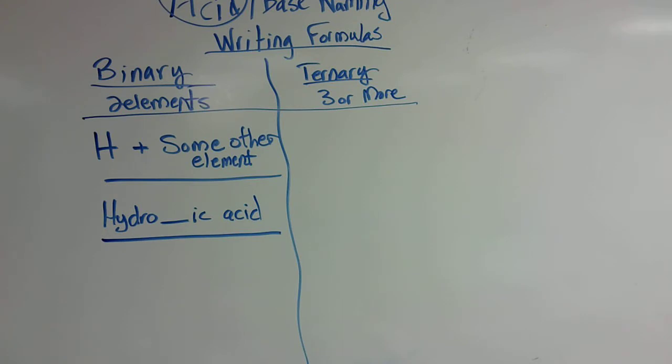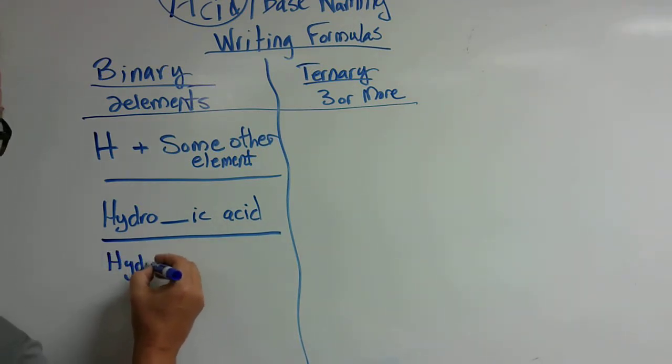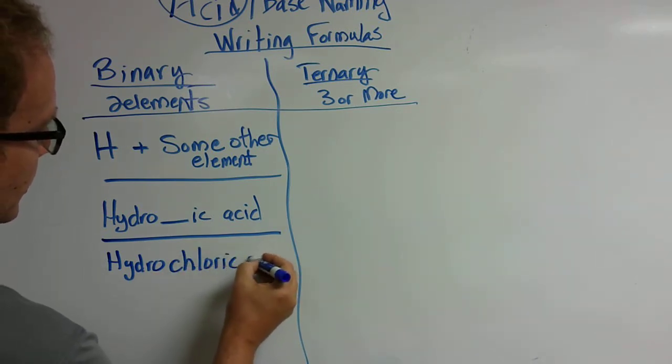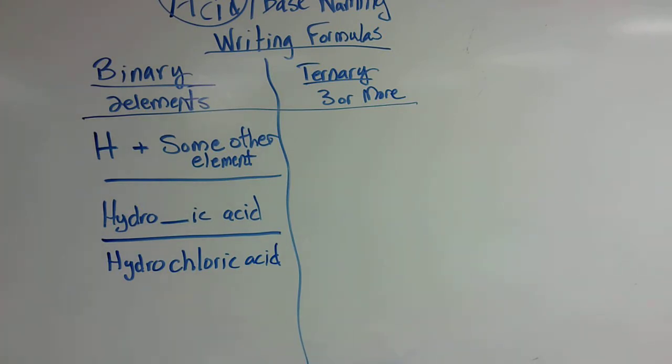You may know it's pretty strong, but this is how we're going to write the formula for it. We're going to have H and some other element. For the naming, we're only going to go through a couple of them. Hydrochloric acid. That would be the naming system for it.